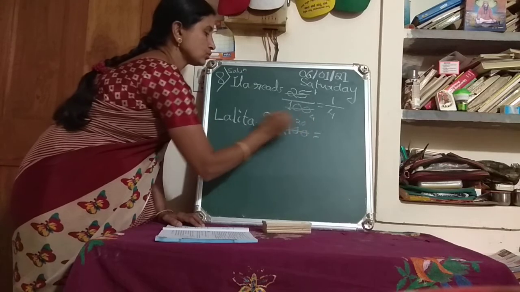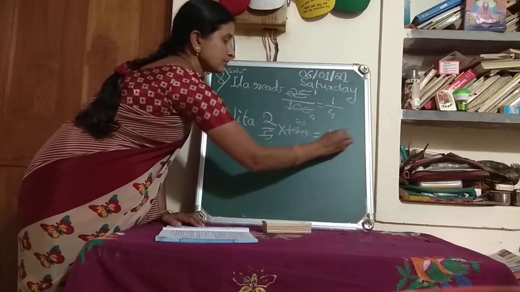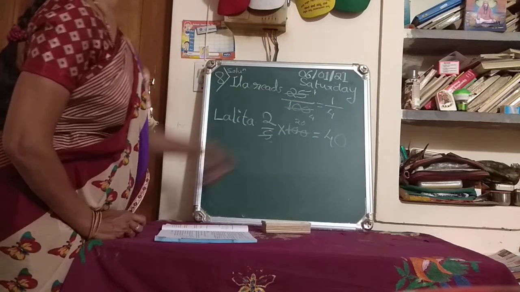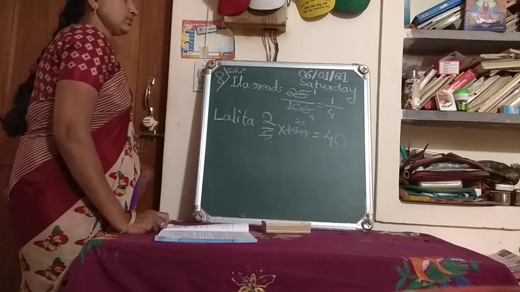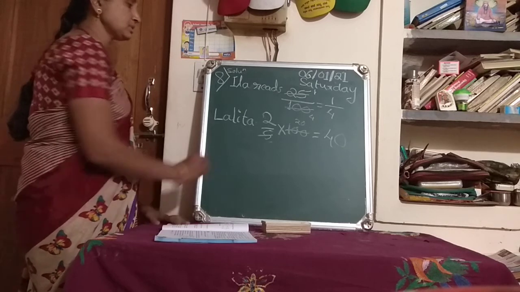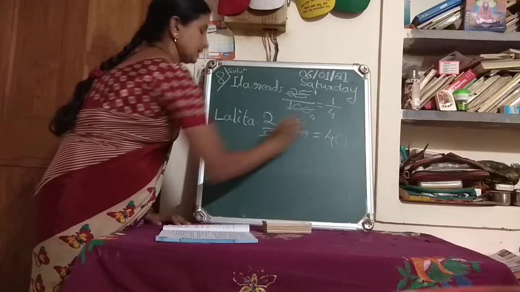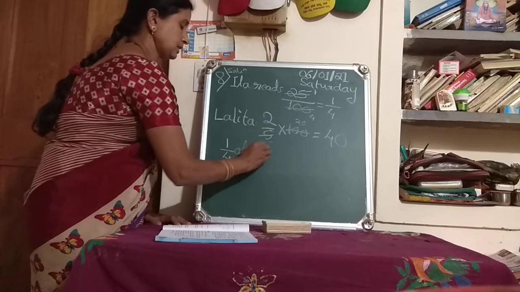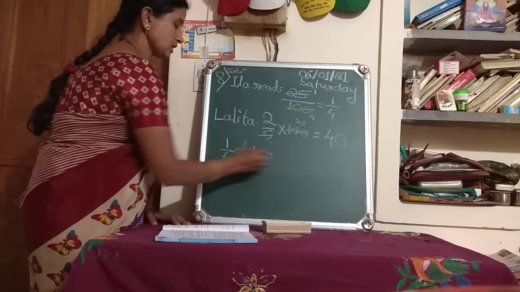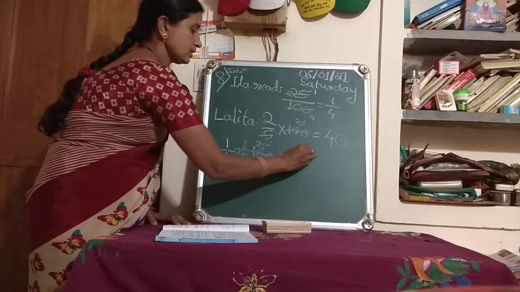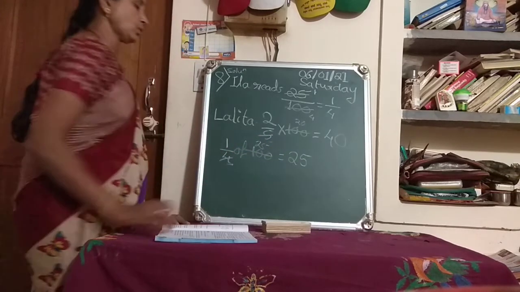So 20 into 2 is 40 pages. Here we have 1/4 as the fraction for Ila. How to get the pages? 1/4 of 100 pages: 4 ones are 4, 4 twenty-fives are 100, which means 25 pages.